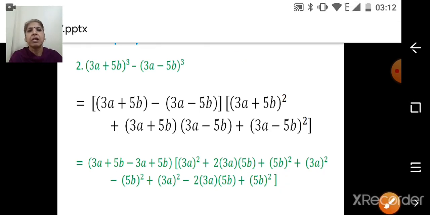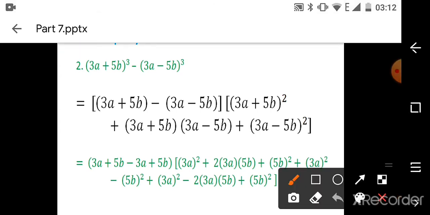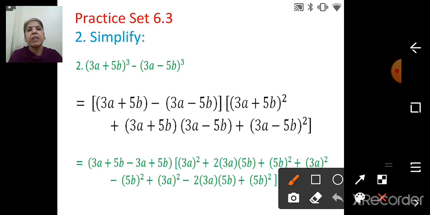So first what we will do? We will write first factor, that is a minus b. So in place of a we are having 3a plus 5b, and you know you have to use the square bracket also. So 3a plus 5b minus 3a minus 5b, that is in place of a minus b.